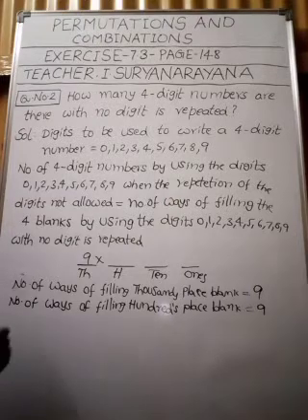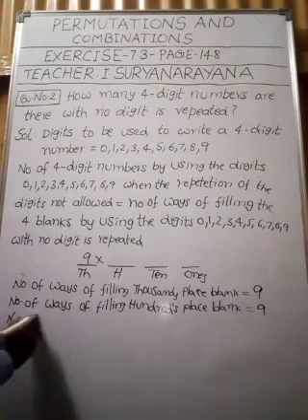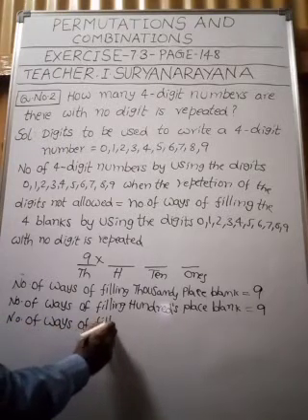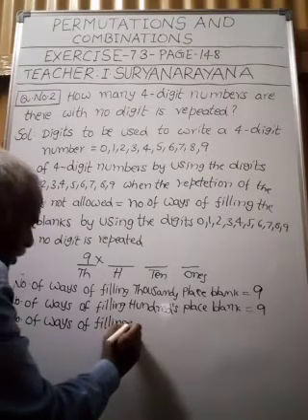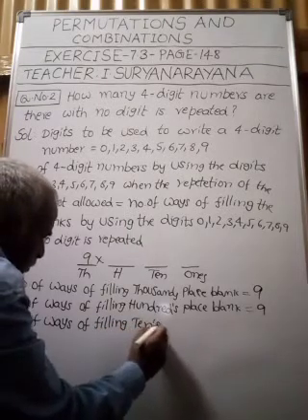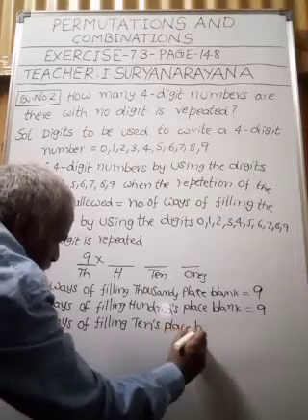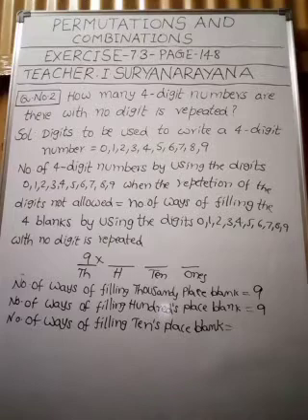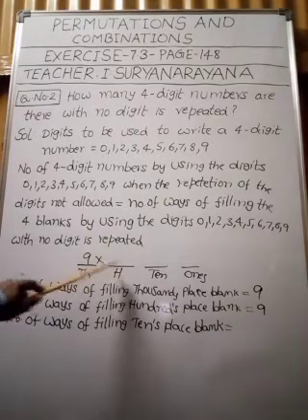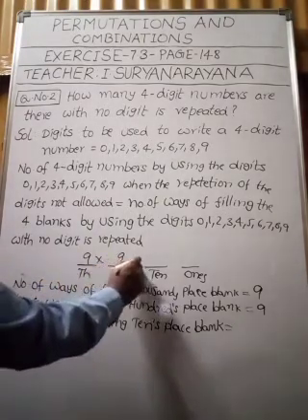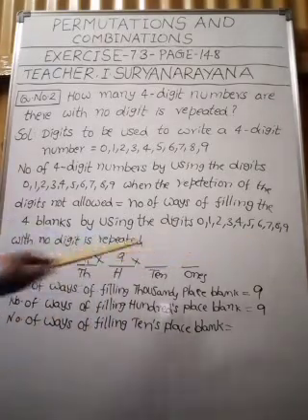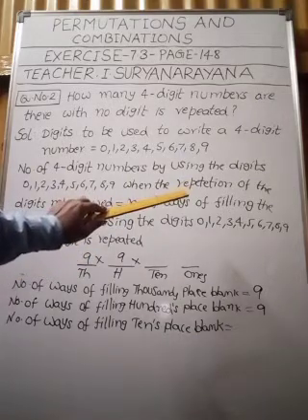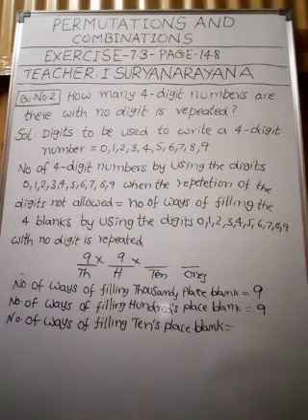Right. Now number of ways of filling tens place. How many digits will be there in our hand after filling these 2 blanks? Out of 10 digits we have used 2 digits. Yes or no? Only 8 digits will be there in our hand.